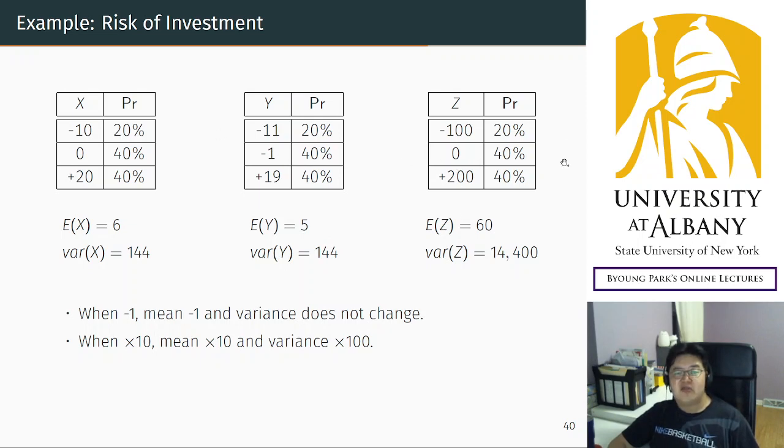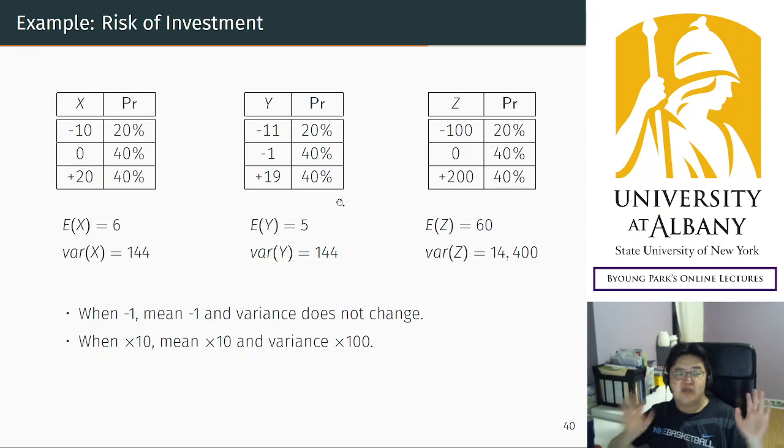And now if you compare the first and the third examples, it's a multiplication of 10. So the expectation is multiplied by 10, right? 6 and 60. But its variance is multiplied by 100. As I explained earlier, multiplication of 10 is squared, so it becomes multiplication of 100.